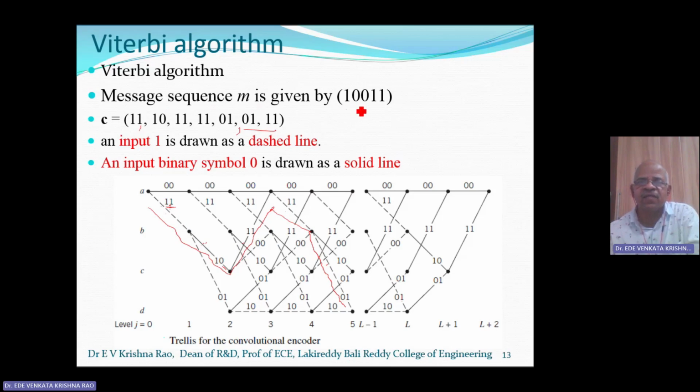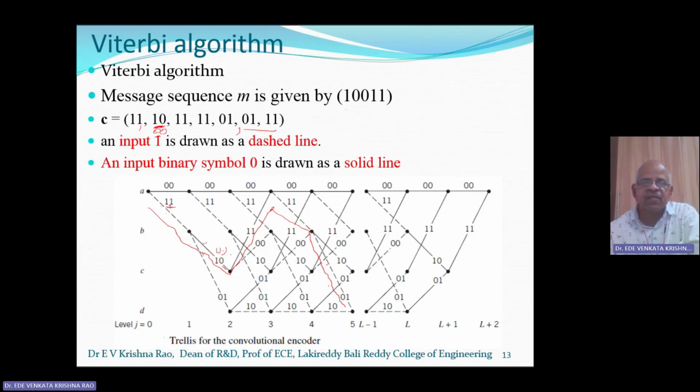That way, if the received word is wrong, and we don't know, if at all you get 0, 0 instead of 1, 0, there is 1 bit error. Then 1, 1, 1, 0, and this is 0, 1. In this path: 0 error, 0 error, 0 error, 0 error. So total 1 bit error only.